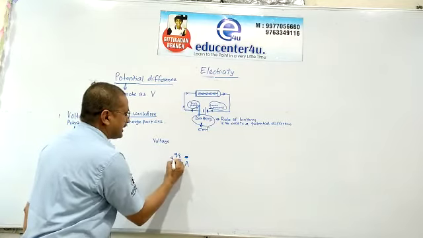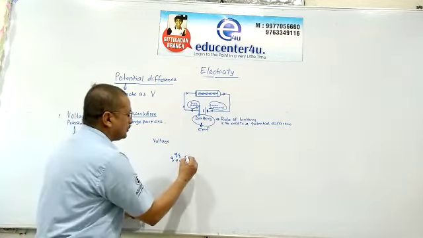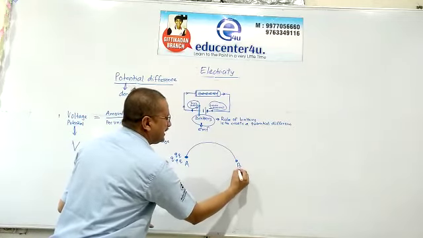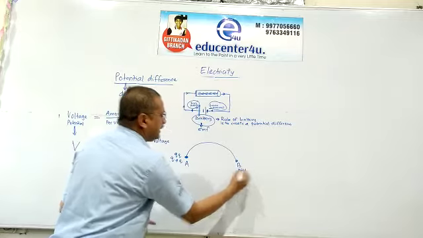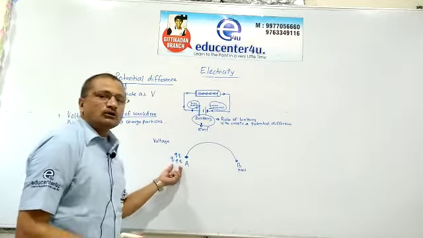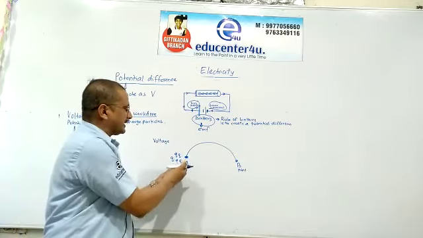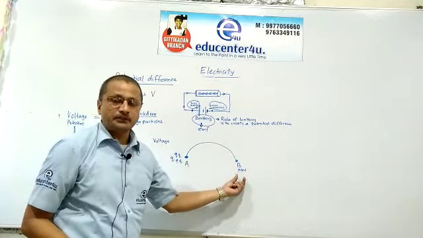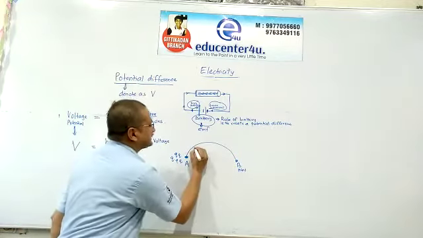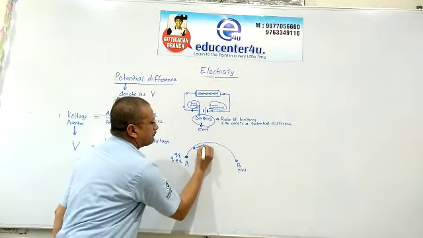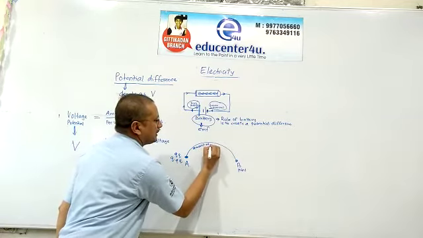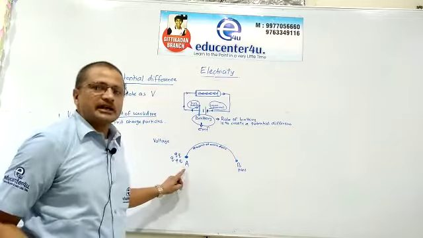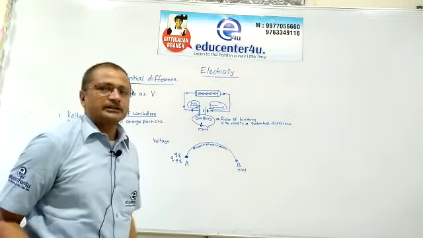And this is point B. The amount of work done in bringing a charge particle from point A to point B, that is the work you have to do, the amount of work done in transferring a charge particle from one point to another point.